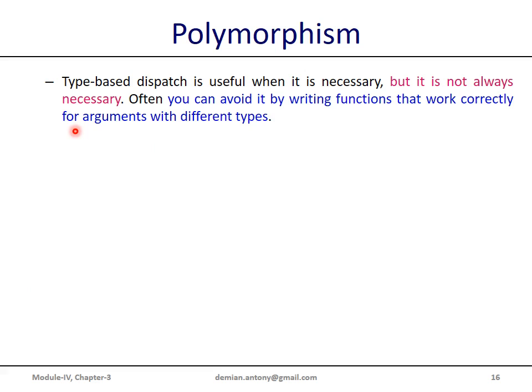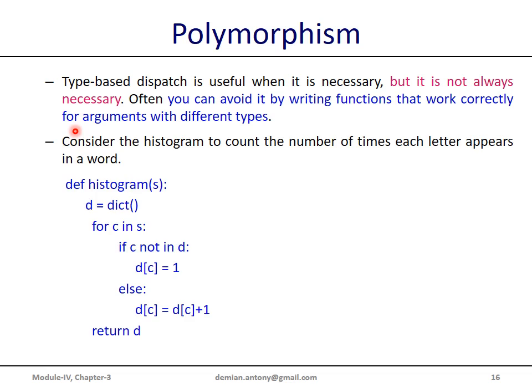The type based dispatch is useful when it is necessary, but it is not always necessary. That means you do not have to use a type based dispatch. You can avoid it by writing a function that works on different types, and writing functions which work on multiple types is called writing polymorphic functions.